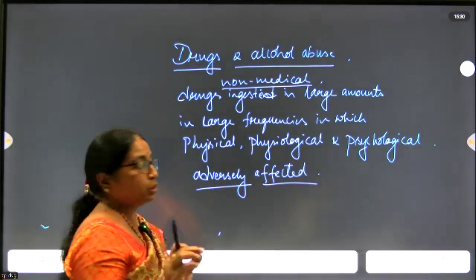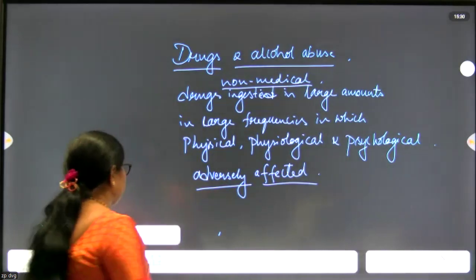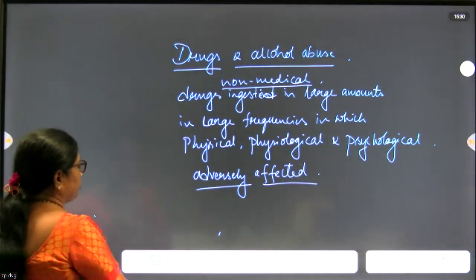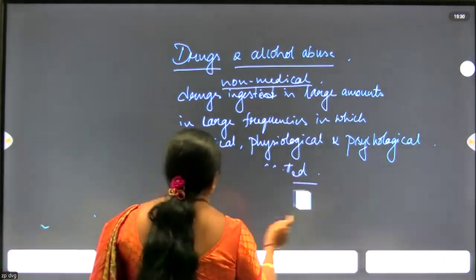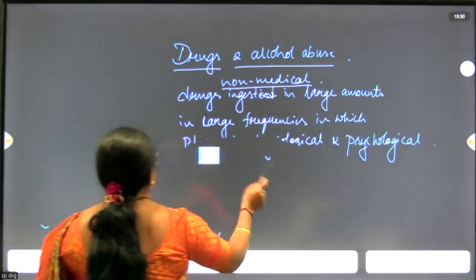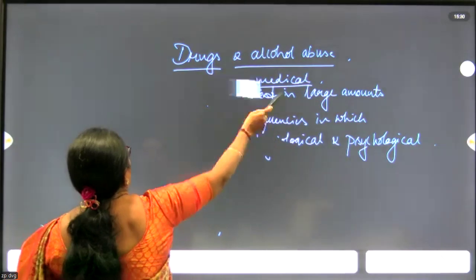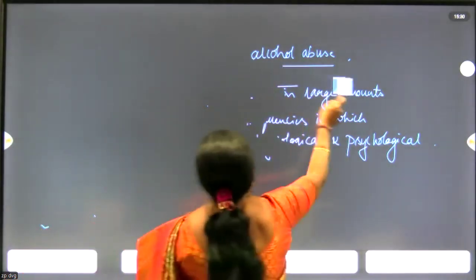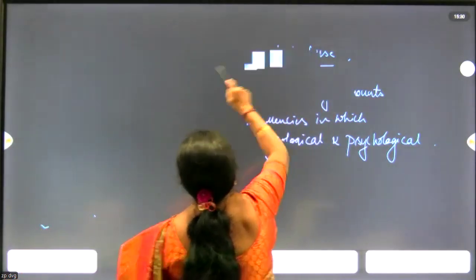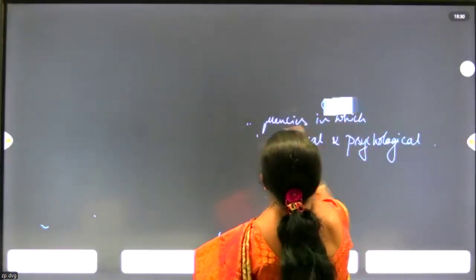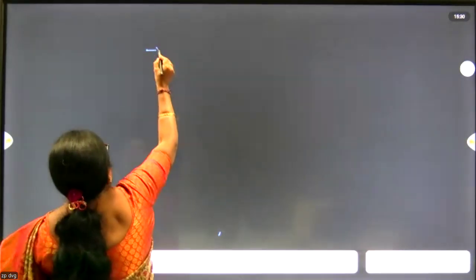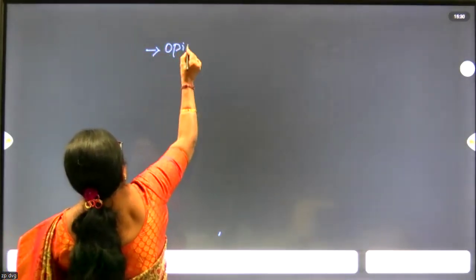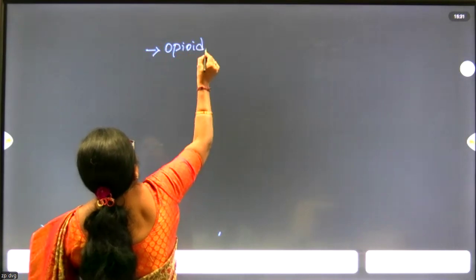And there are certain drugs which are abused. Let us come to that. There are three important types of drugs which are abused. So, drugs of abuse. There are three types of drugs of abuse: opioids, cannabinoids, and cocoa alkaloids. The first one is opioids.